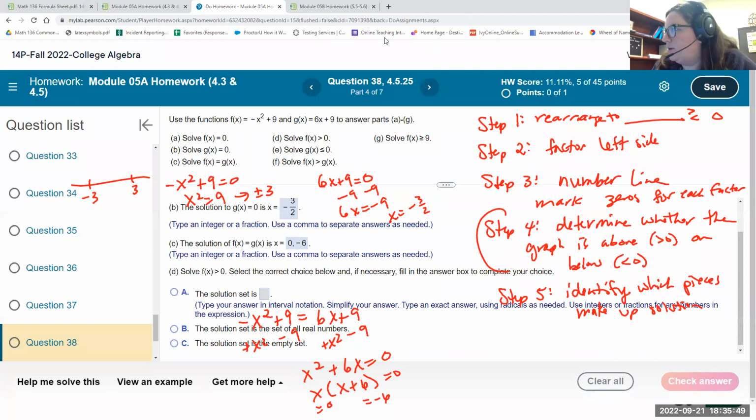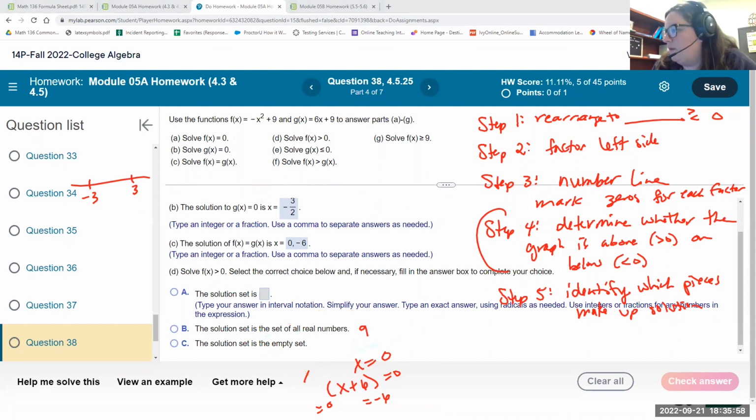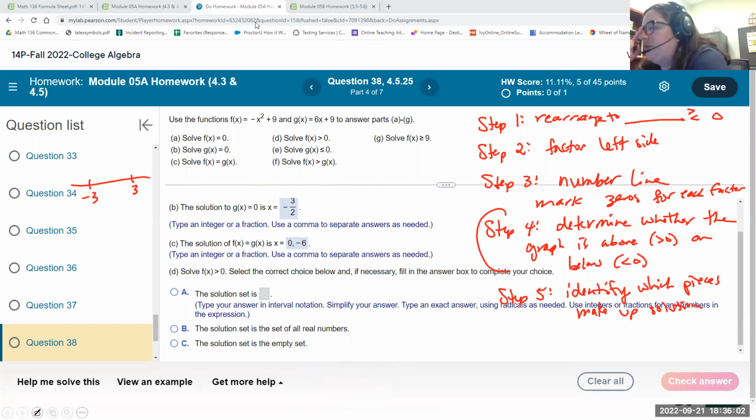All right, so then we start getting the inequalities. For f of x, we have a negative a value, so that's going to be a downward opening parabola, and it's going to cross at the -3 and the +3.